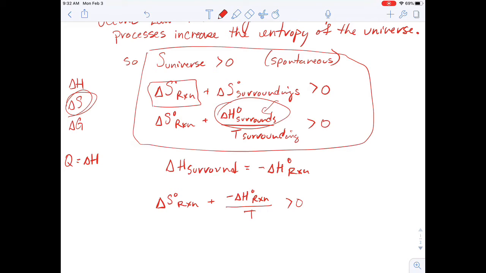If I want to simplify and get T out of the denominator, I'm going to multiply everything by T, right? So I'm going to multiply this by T, as well as 0 by T, so that T times the entropy change of the reaction minus the enthalpy of the reaction is still greater than 0.